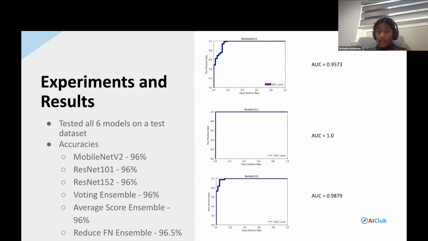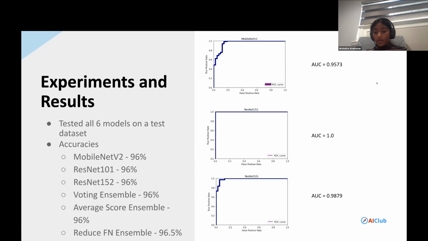If you look at the one in the middle, the ResNet 152, you can see that it has a perfect 90-degree angle, which means that it can predict true positives without predicting any false positives. Now looking at the AUCs, which means area under the curve, ResNet 152 has an AUC of 1 because it can predict true positives without predicting any false positives.